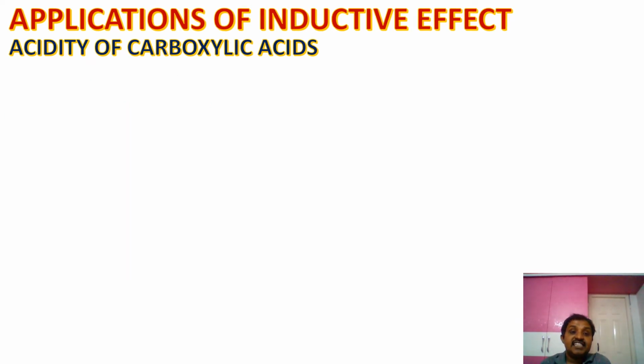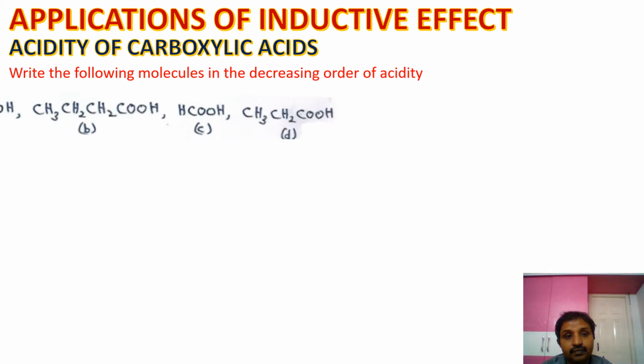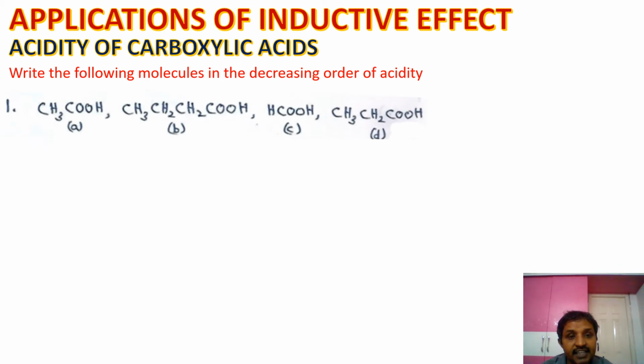Now let us discuss some examples. Write the following molecules in the decreasing order of acidity: acetic acid, butanoic acid, formic acid and propanoic acid.